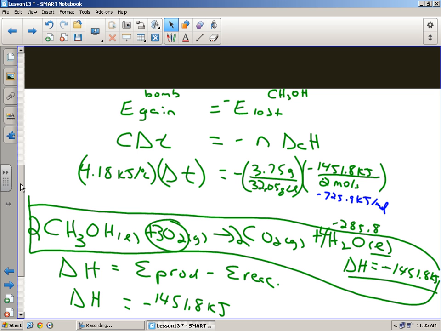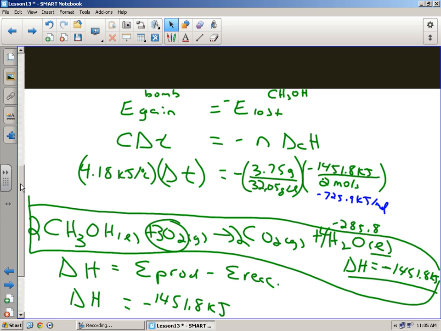Okay. So, you need to solve for delta T. That's the question, right? That's the only thing left to solve for, in case you haven't figured that out. So let's do this. I'm going to multiply 3.75 divided by 32.05.